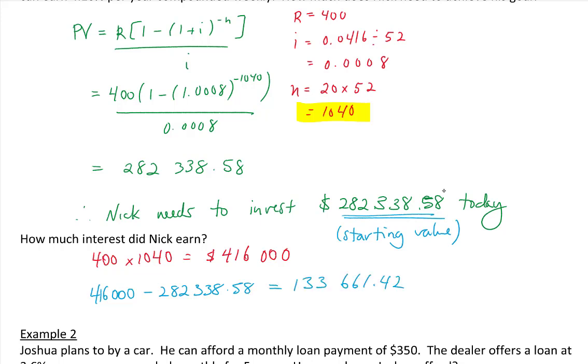So not bad at all. In that 20-year time period, he also made $133,661. So he put in the $282,000, he slowly withdrew it, and whatever was left in the account made money, and during that 20-year time frame, he made an extra $133,000.